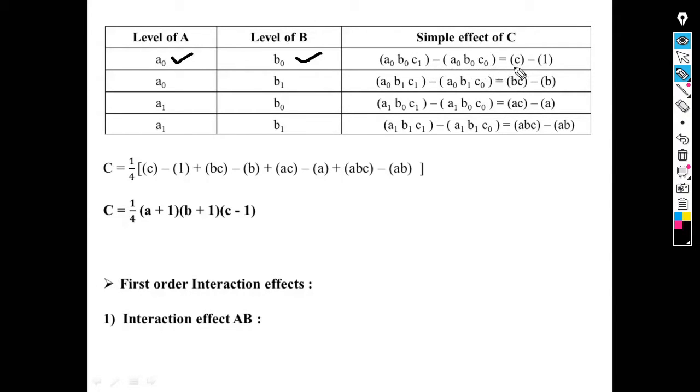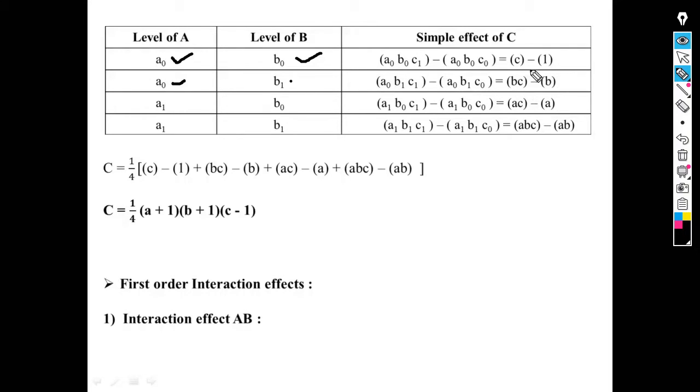This can be written as the treatment combination c minus 1. Then second is A0 and B1, which means factor A is at the first level and factor B is at the second level. So we get A0 B1 C1 minus A0 B1 C0, which is bc minus b.